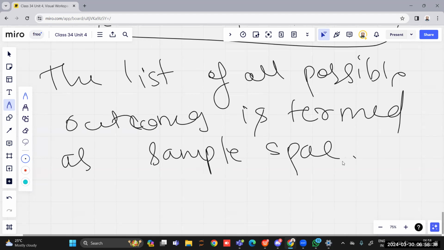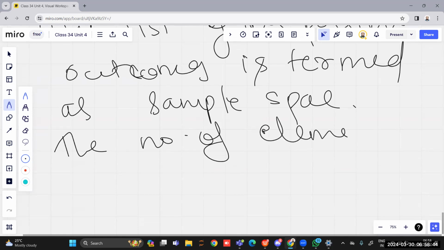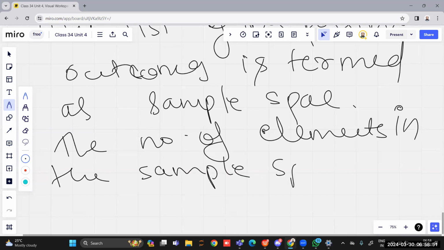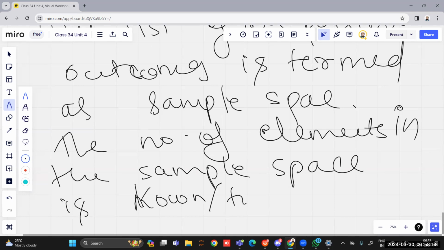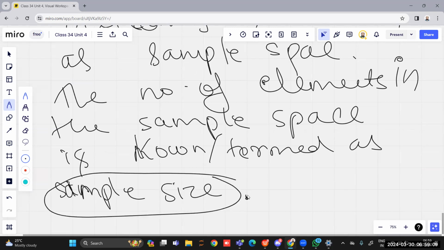And one more thing based on it: the number of elements in the sample space is known as the sample size of the sample space. Understood? Yes or no?